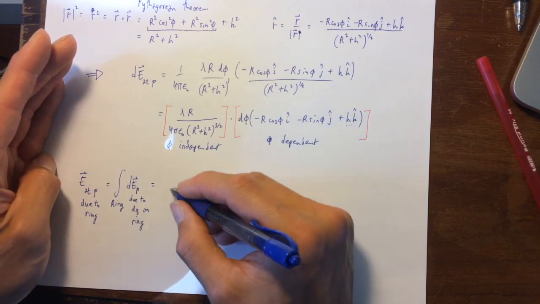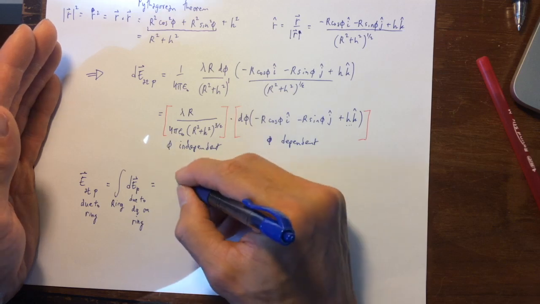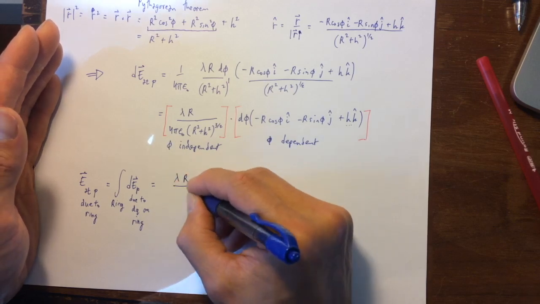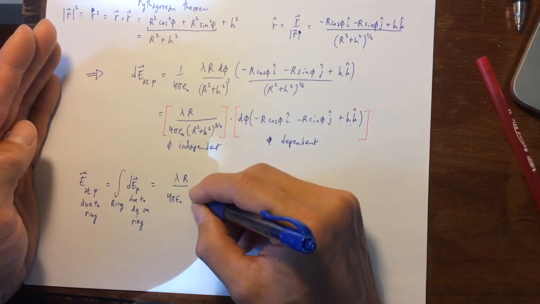So when I do this integral, when I go around the ring, I have this prefactor that's all independent of the ranging variable, so it can all come out.